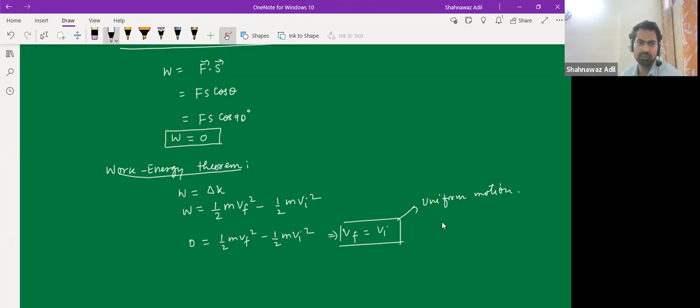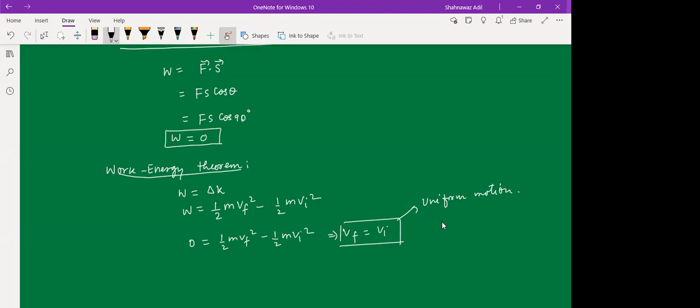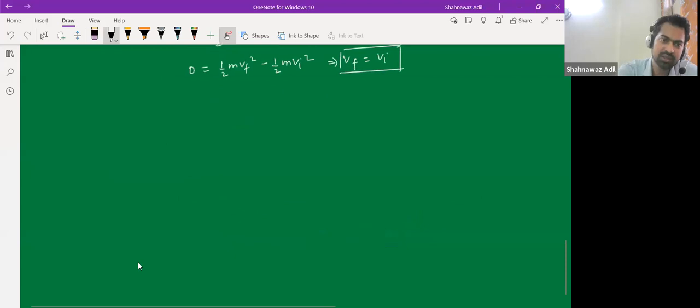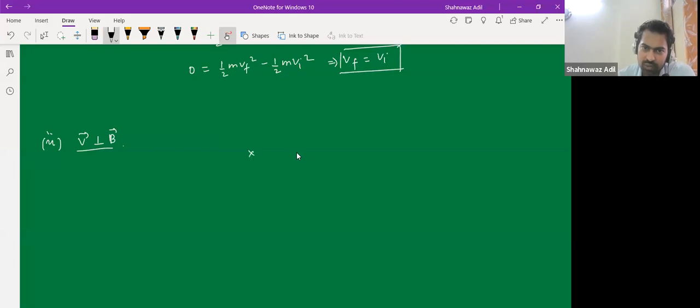Everyone, noted. Okay, so now the second case is when v is perpendicular to the magnetic field. Then what will happen?